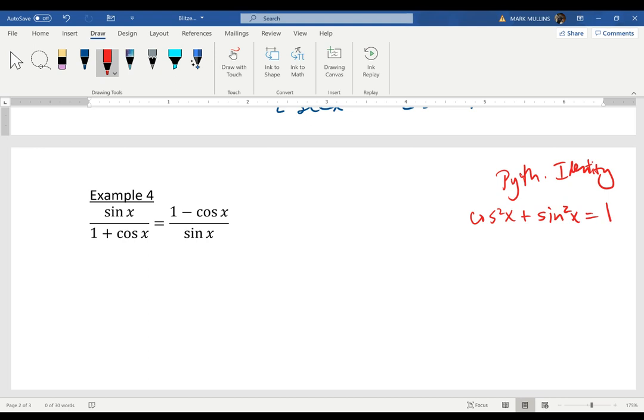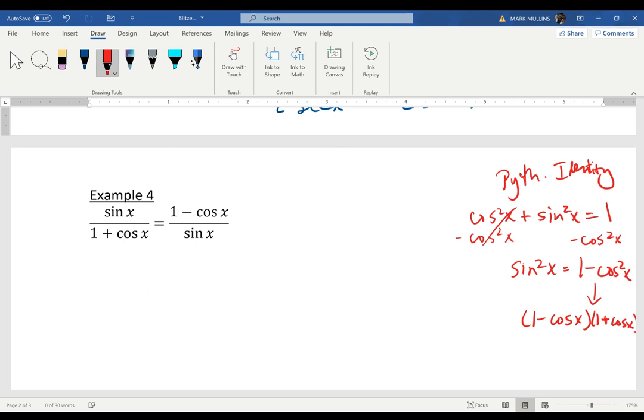And so if I subtract cosine squared x on both sides, my sine squared of x equals 1 minus cosine squared x. And then I'm thinking about how this is like difference of squares, where 1 minus cosine squared x I could write as 1 minus cosine x times 1 plus cosine x.